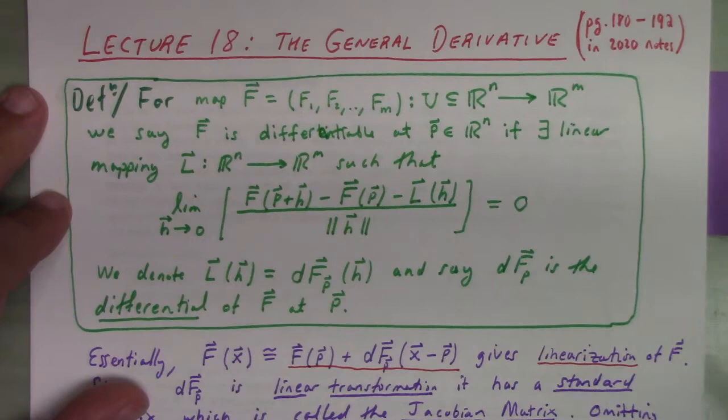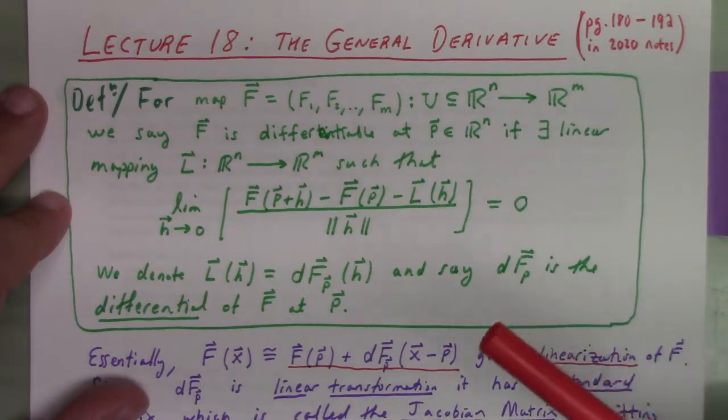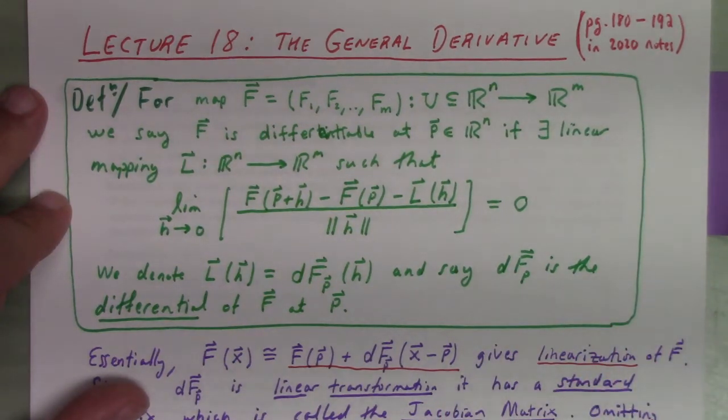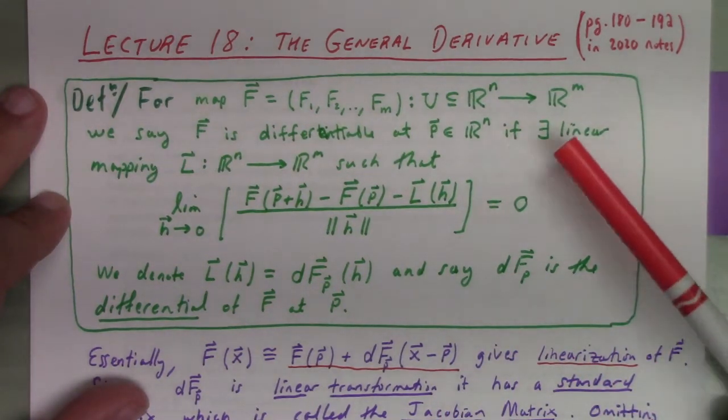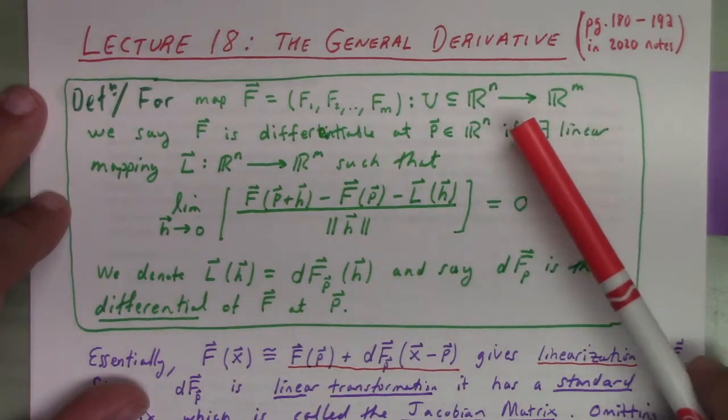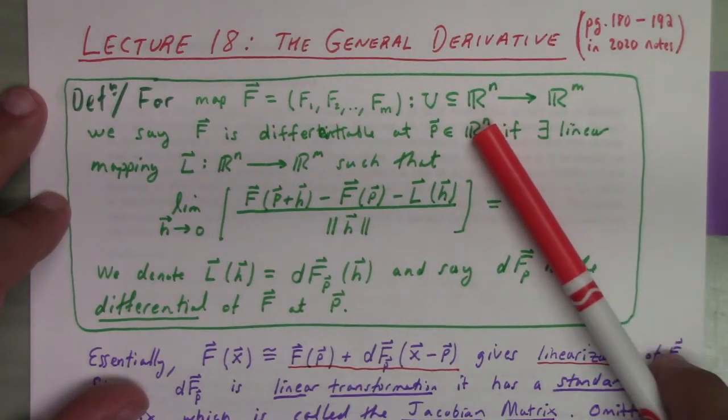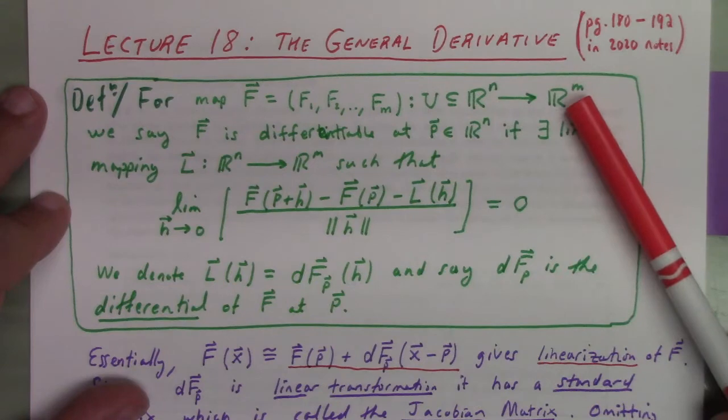We had t maps to x of t, y of t, z of t. We talked about how to differentiate those. Or we talked about partial derivatives of a function of, say, x and y, or x, y, and z. So there we had 2 or 3 variables in the domain, but the range was still just one thing. So this is giving a definition for how we differentiate things where we have more than one variable both in the domain and the range.